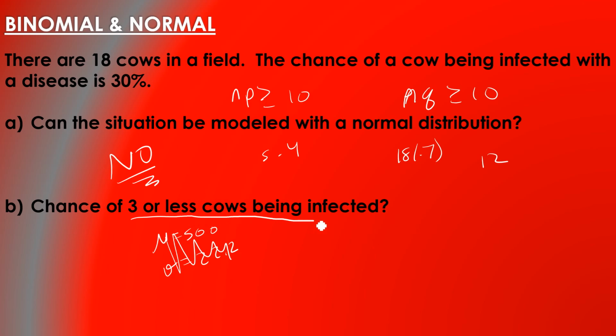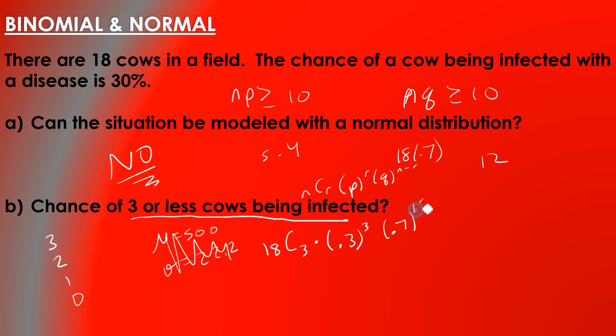All right, so then how do we answer this? The chance of 3 or fewer cows. So that would be 3 cows, 2 cows, 1 cow, no cows. So I'll just start setting it up, but I won't finish it. We have to do it this way. 18 choose 3, times, we're just using this formula, nCr, p to the r, q to the n minus r. So this is going to be 0.3 to the 3 and 0.7 to the 15th.